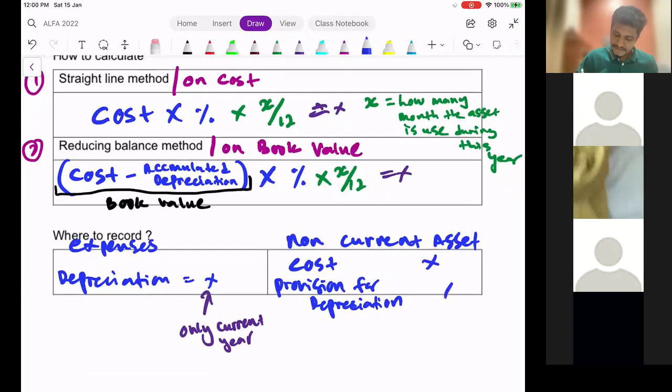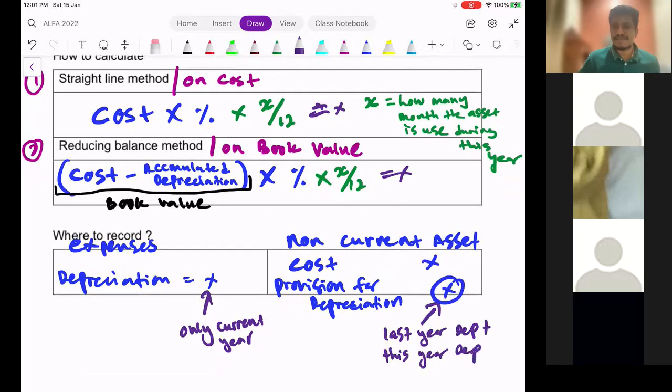How to get this one? It is last year's depreciation plus this year's depreciation.